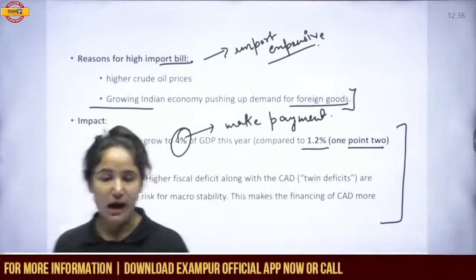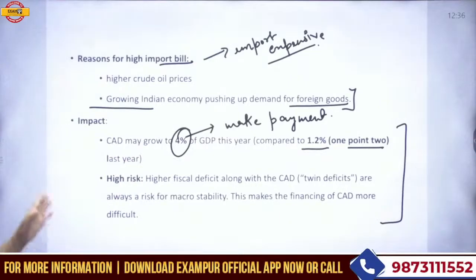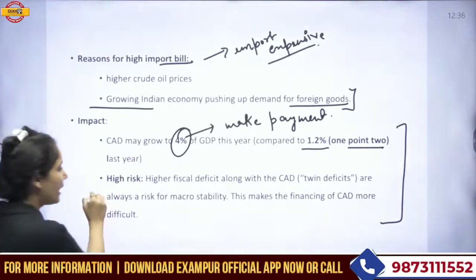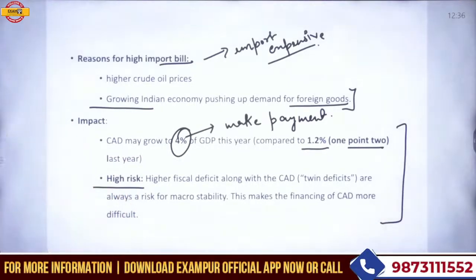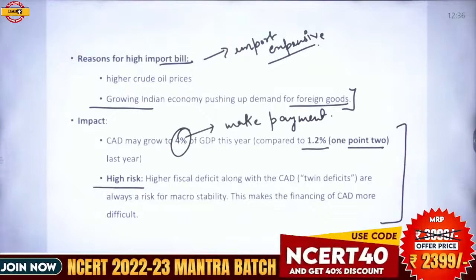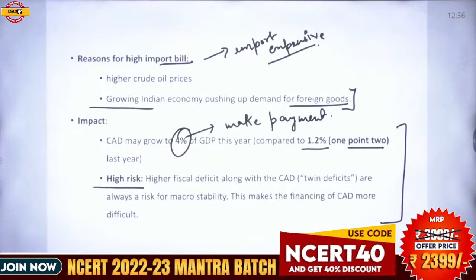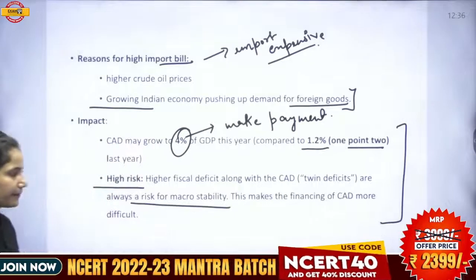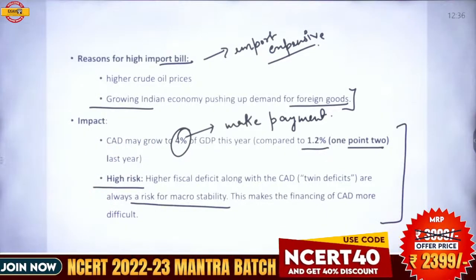It means capital outflow is there, which is again reducing the value of your rupee. Higher risk you get to see. Higher fiscal deficit along with CAD are always a risk for macro stability. More difficult it would be.